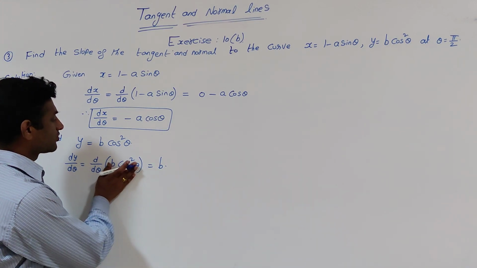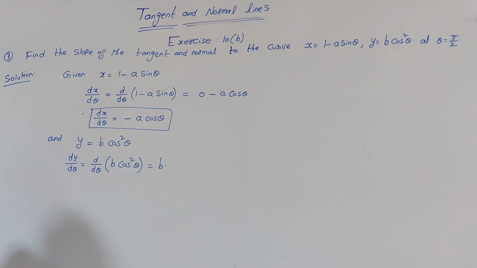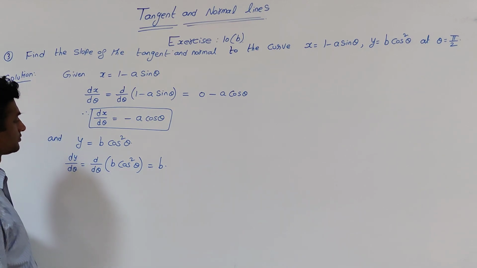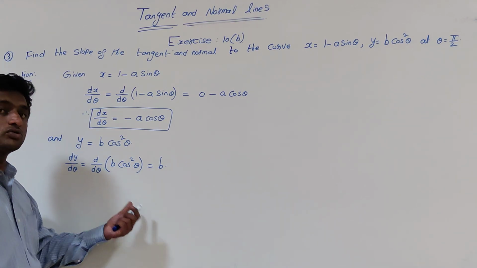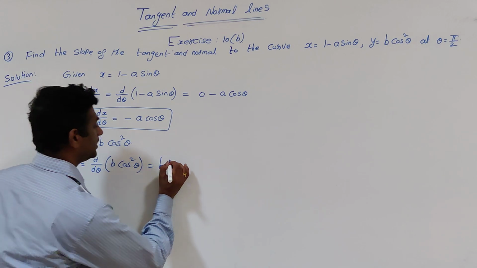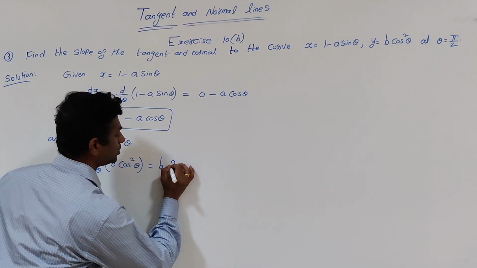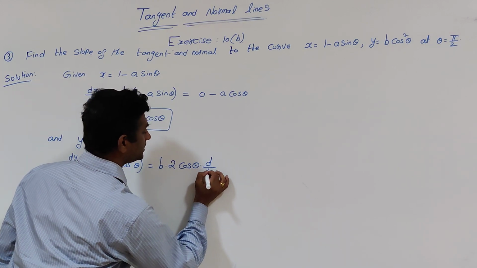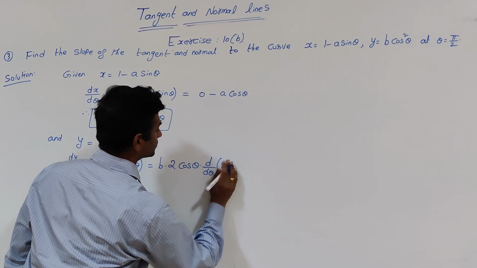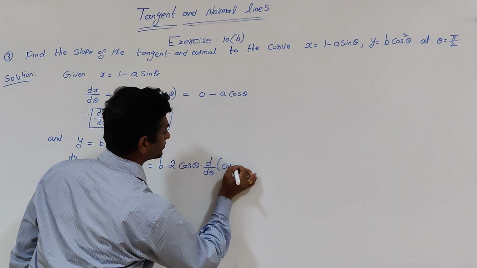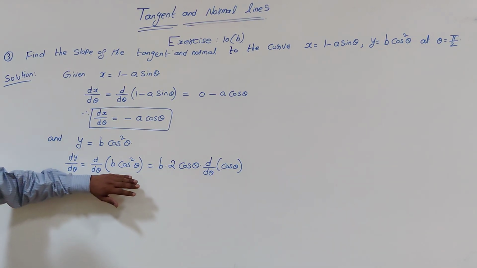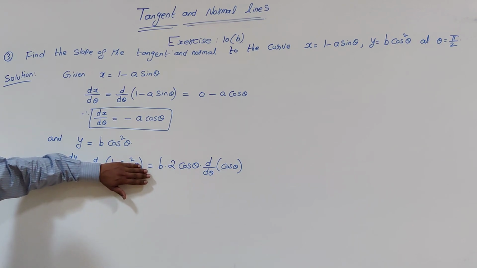For the derivative of cos square theta, we can apply the inside outside rule, or directly say it is 2 cos theta into the derivative of cos theta, because it is a composite function.